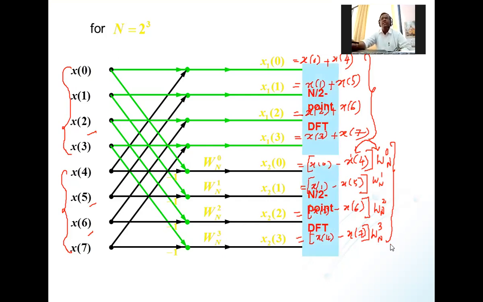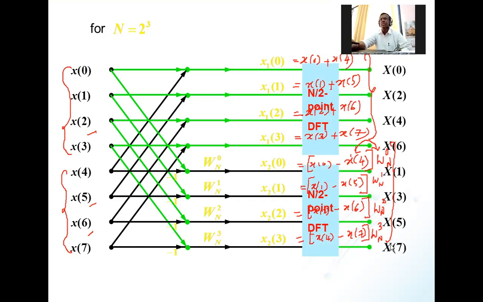Further, we will process the remaining part, and this is how we get the values in bit reversal order. As I said, the input for the DIF FFT will be in natural order, meaning 0 to 7, whereas the output we are getting is in bit reversal order.